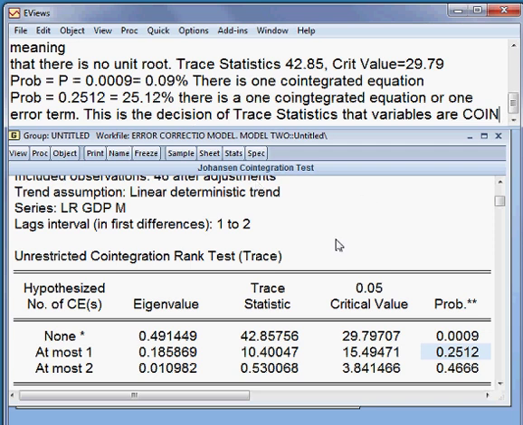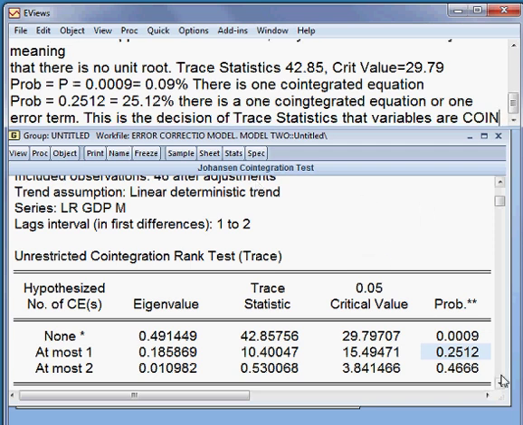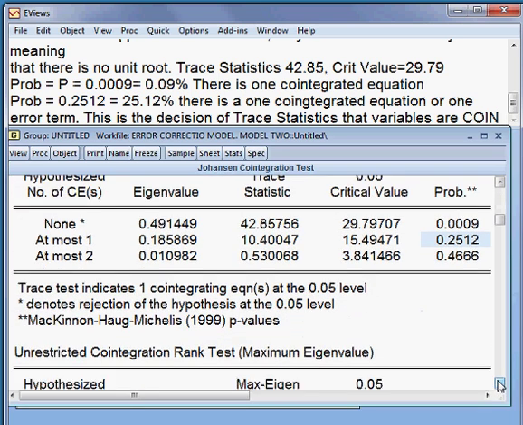Then the second method is what? Also you can see from here, the trace test indicates one co-integrated equation at the 5% level. The decision is already given here.